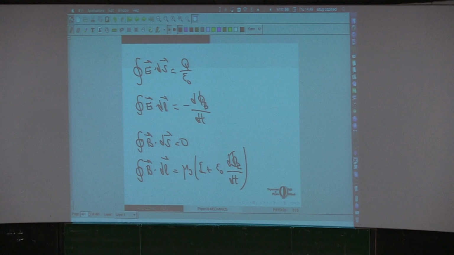So as we are moving this charge, why does the electric field over there change? Well, if I move this charge, it changes the electric field nearby. So just close to this charge, I have a changing electric field. But this changing electric field creates a magnetic field at the nearby point.